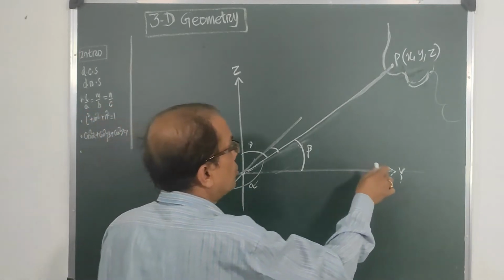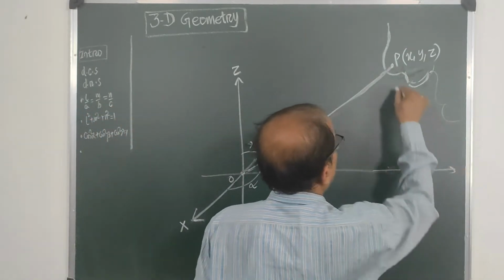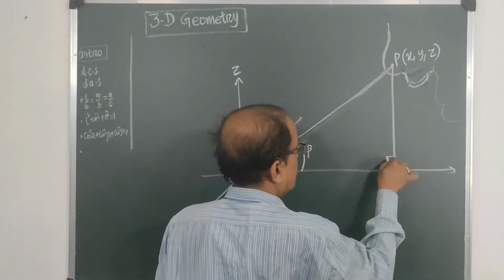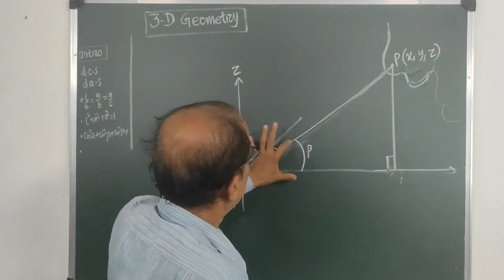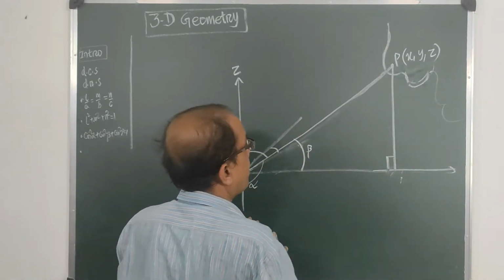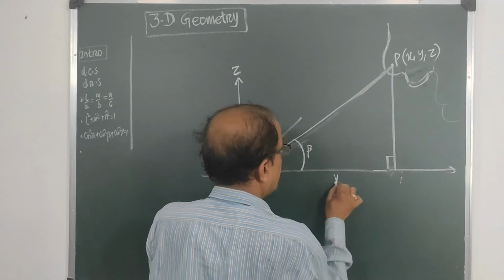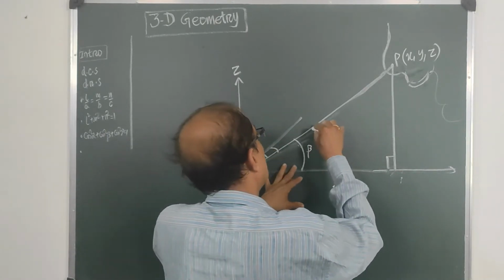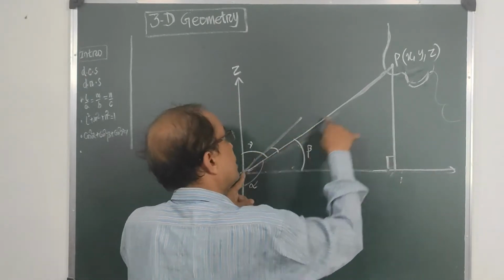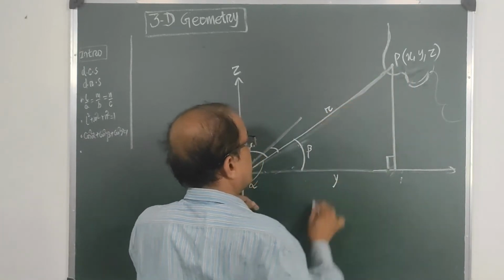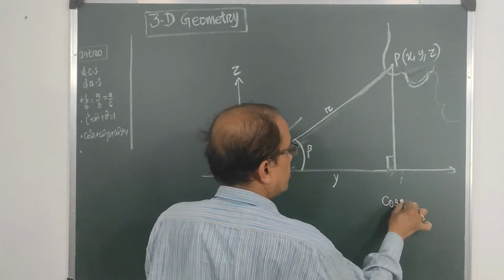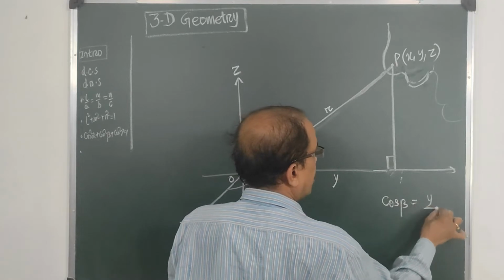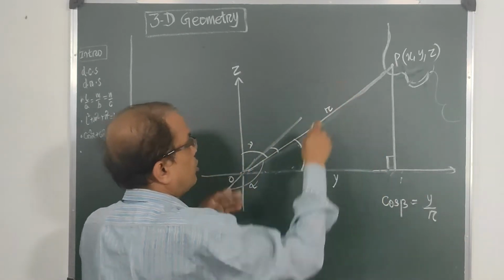So if we drop a perpendicular on y axis, what you find, this angle is beta and this length is y. So if this length is r, then we find cos beta is y upon r, base by hypotenuse.